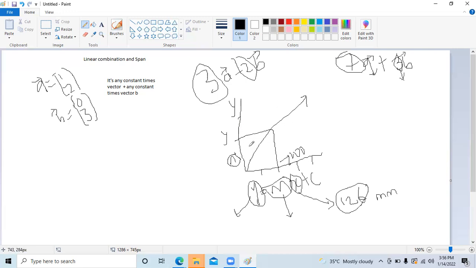But what we are trying to understand in machine learning is the constant, this M, which is the reason why we are learning linear combination. So let me go back to linear combination.